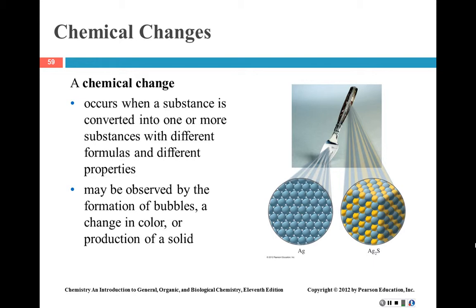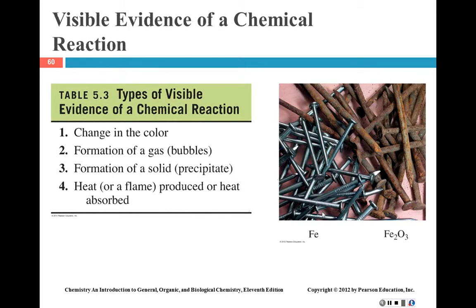It could precipitate and produce a solid of some type. In the case of this fork, this is silver, and it has tarnished. That is a chemical change where you convert silver to silver oxide.